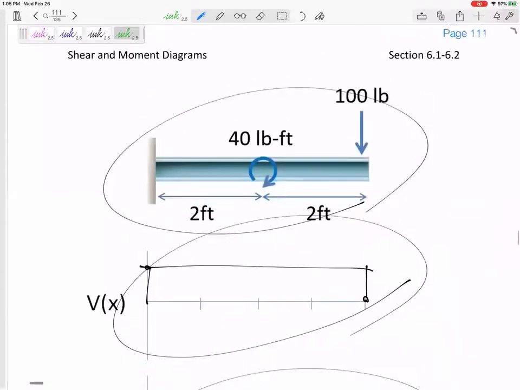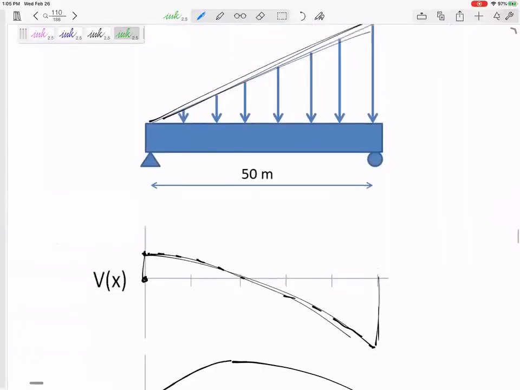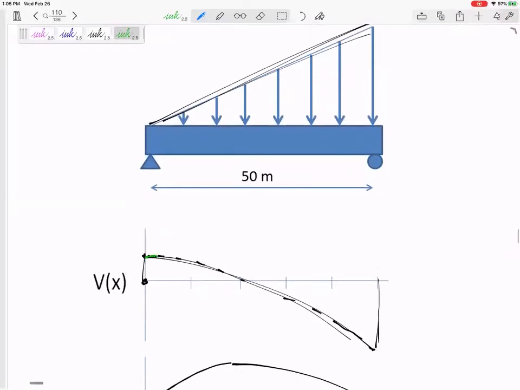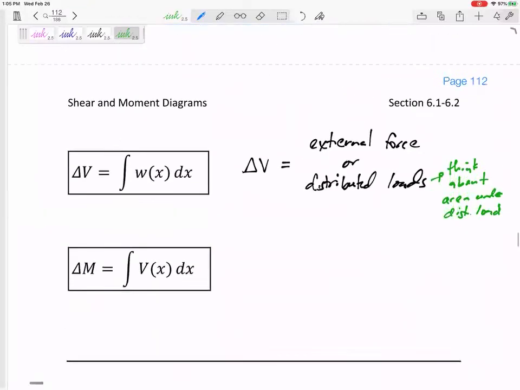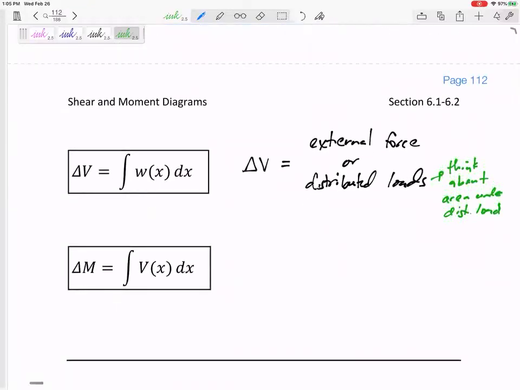For instance, this one, it's not getting pushed down too hard right here, but it really starts getting pushed down. Doesn't that make sense? And it's also due to the fact that the slope of V is the loading. Okay, so the shear diagram changes due to areas under distributed loads or external forces.